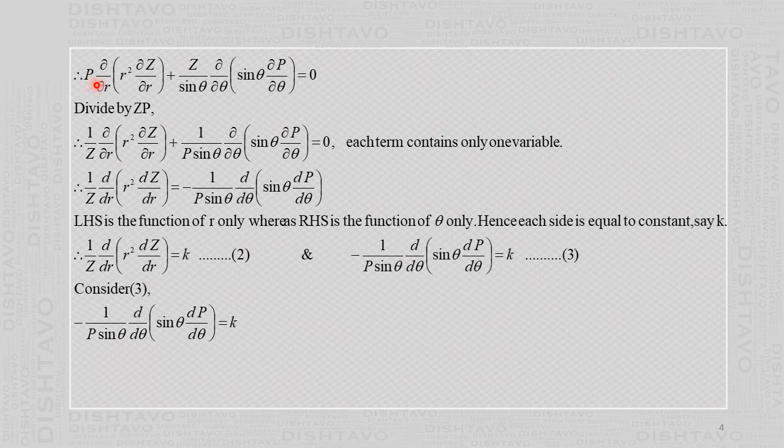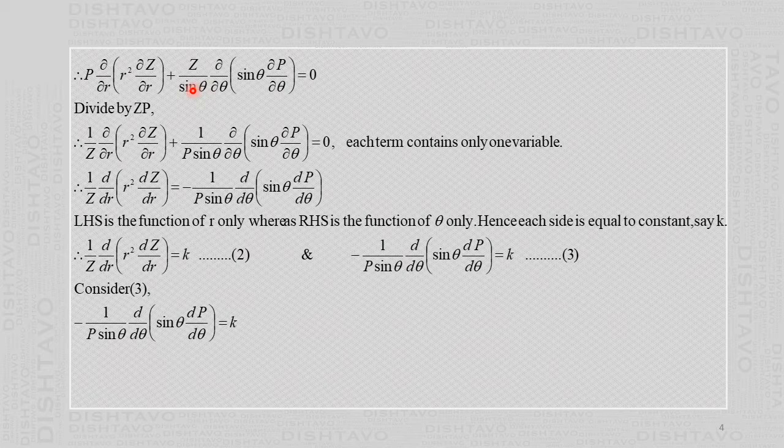Then in order to make each term depend on only one variable, here P and Z are there. Z depends upon r and P depends upon theta. So we want to do away with this P in the first term. In the second term, the P depends upon theta, but Z is also there, which depends upon r, so we have to do away with the Z. If we do away with the P in the first term, then the first term will depend only on small r.